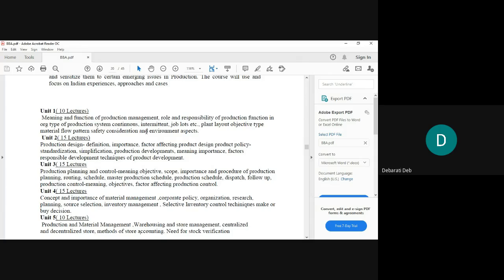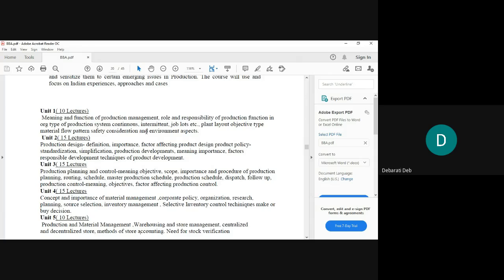Rather, we will spend our time understanding the concept for each of the topics given in the units. Then we will do an assignment for each of the units. That is how we will finish off our syllabus as fast as we can. After that, during the last month, that is during the month of June, you will get all your answers for the entire syllabus.